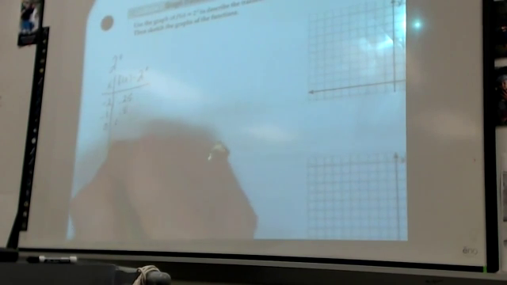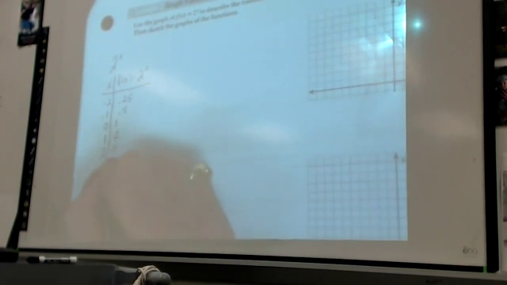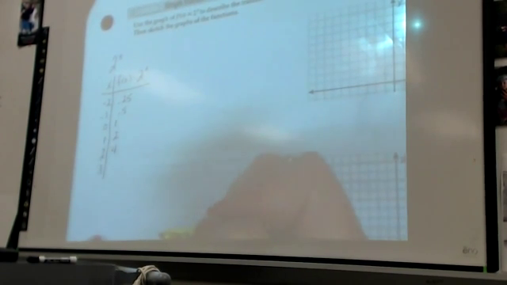Good. 2 to the first power would be what? 2. 2 to the second power would be what? That'd be 2 squared. 2 to the third power would be what? 2 times 2 times 2.